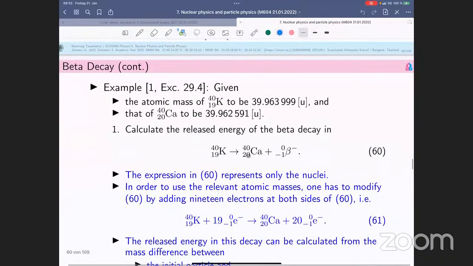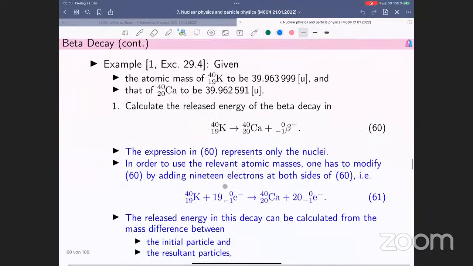So in order to use this value, we have to add electrons so that the nucleus becomes normal, not ionized. We add 19 electrons to the left-hand side, and also 19 electrons to the right-hand side. But since we already have one electron in advance, we need to have 20 electrons.